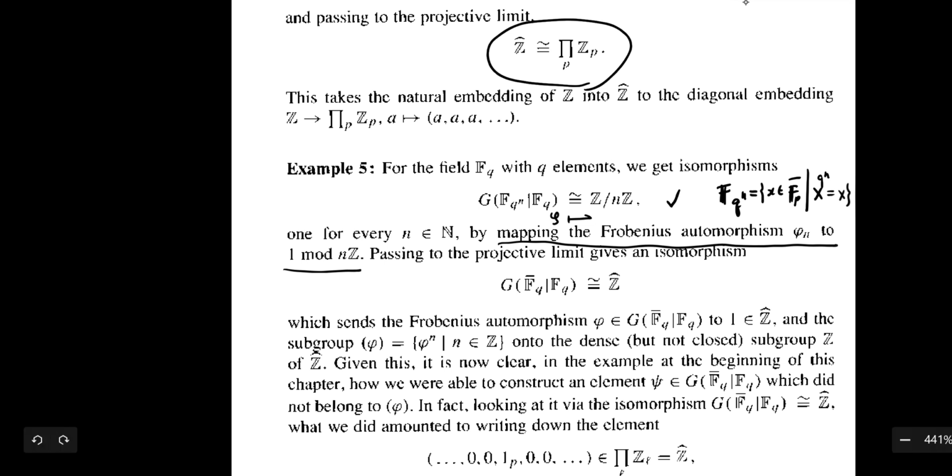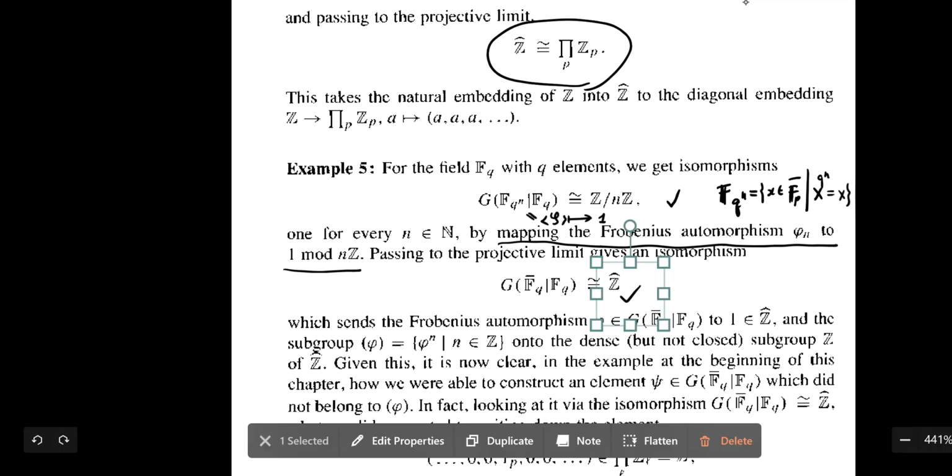So Frobenius is mapped to 1, because this is a cyclic group. The Galois group is cyclic. Do you understand?